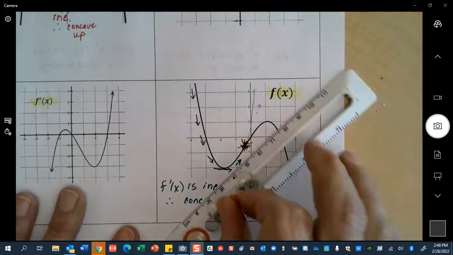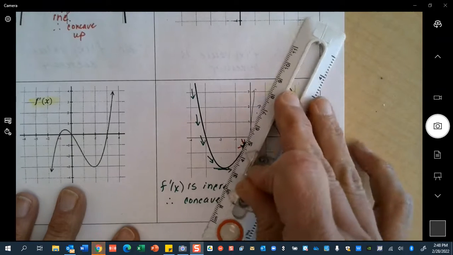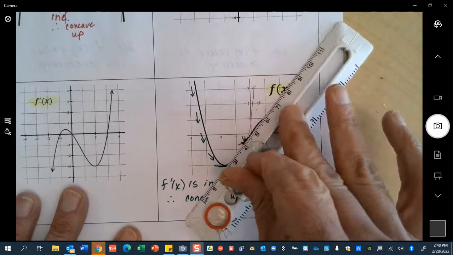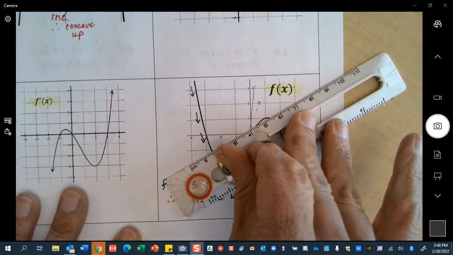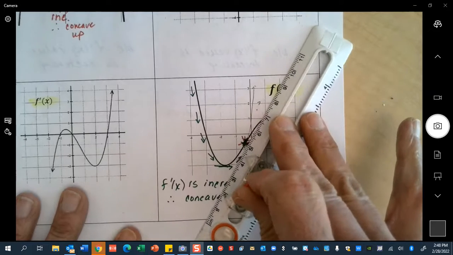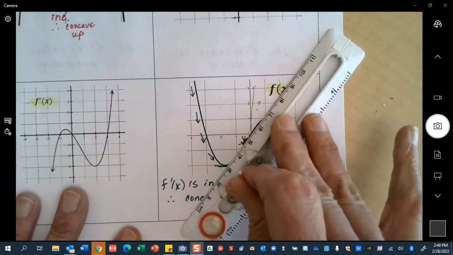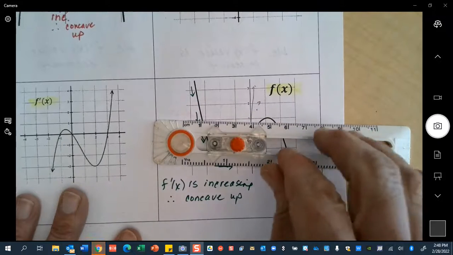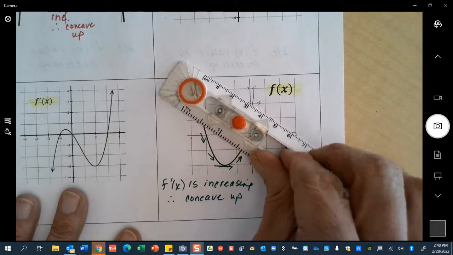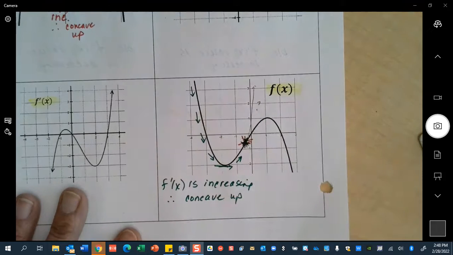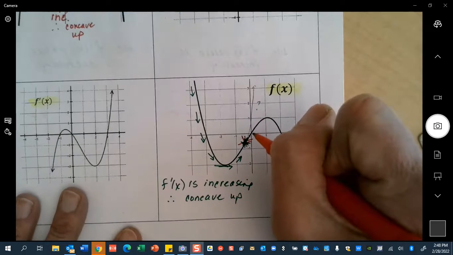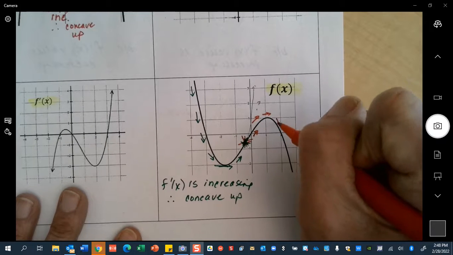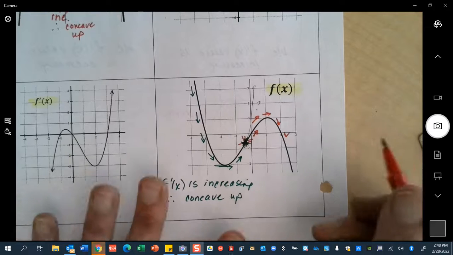So my tangent line, instead of growing like this, we're going this way now. So I go from being super positive to less positive, less positive, less positive, 0. And then once I hit 0, I go negative, right? So here I am, pretty steep, flat. Now I'm going down.